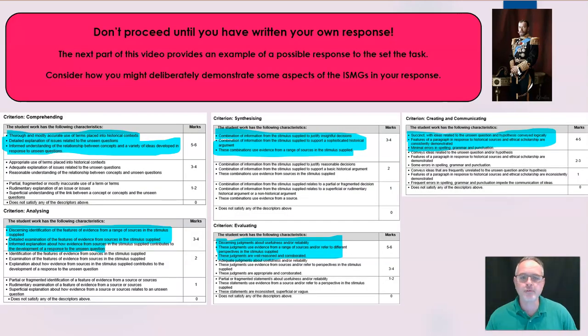Have a look, you've got 5 criteria. Even if you pause this video from time to time, look at these carefully and figure out the differences between the different grade ranges.